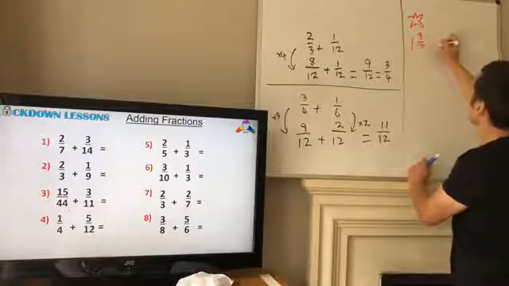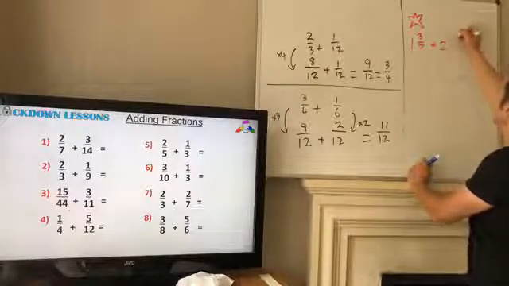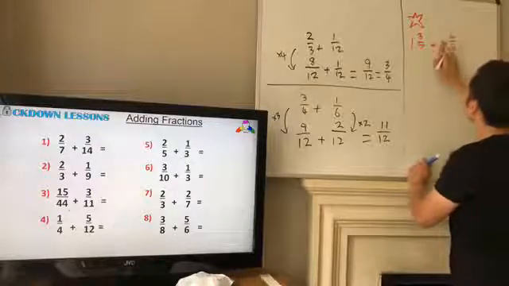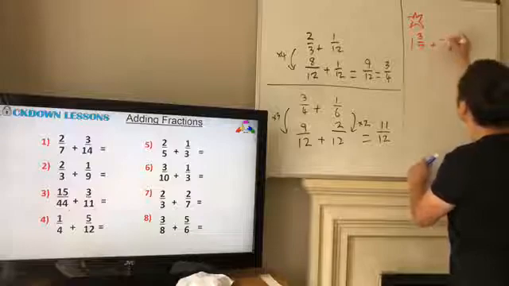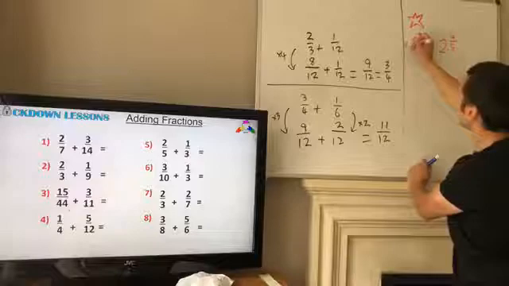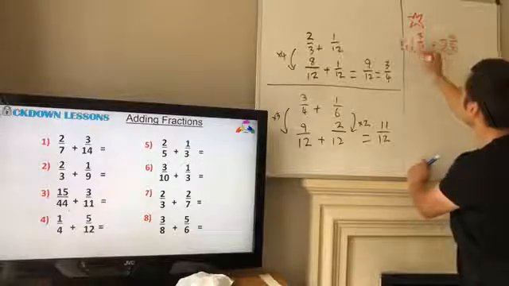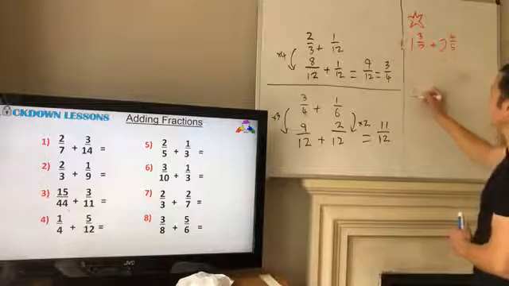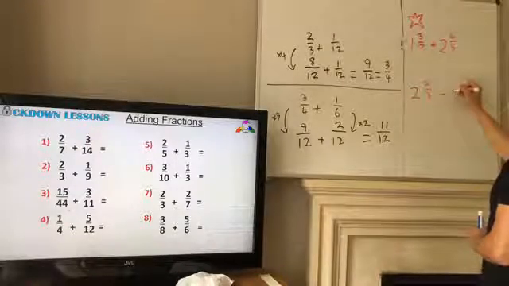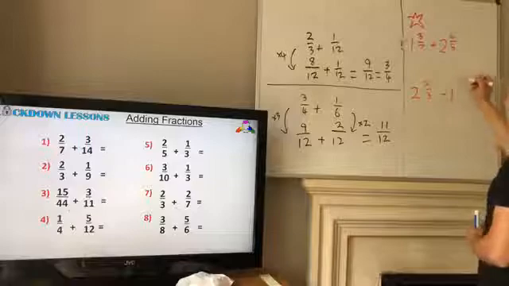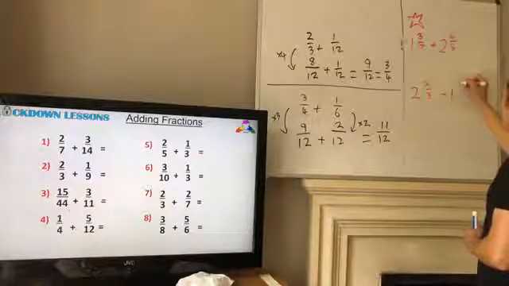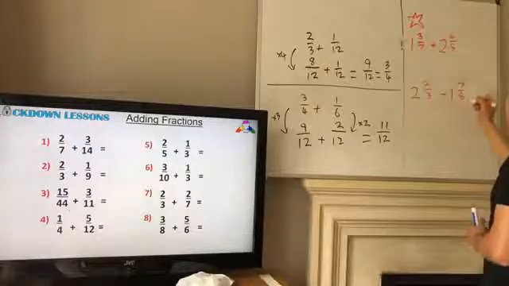So 1 3/7, add 2 4/5. And we're also going to have 2 2/3, take away 1 7/8.